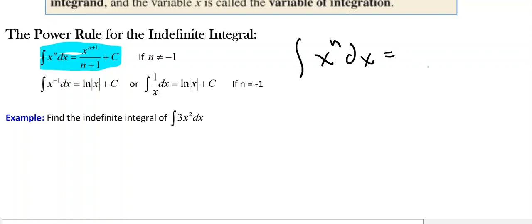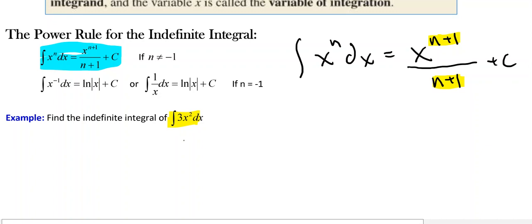Well, the rule says we take x and we add 1 to the exponent. So remember, when finding the derivative, we would subtract 1. So it makes some sense that we might add 1. And then we divide by the n plus 1, plus c, of course. The important part is we have an n plus 1 here, and that goes down here in the denominator.